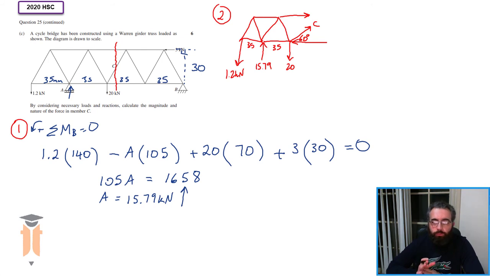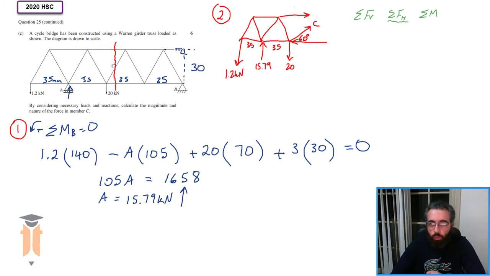Okay, now that the free body diagram has been drawn, I need to determine which equation I need to use. So we've got the three main equations, which is sum of forces in the vertical, sum of forces in the horizontal, and sum of moments. So let's take this equation first, and let's see if we can use this equation or not. Now, if I was to use sum of forces in the horizontal direction, I have to see how many unknowns I have. I've got one unknown here, and I've got another unknown here, and I also don't know what C is.